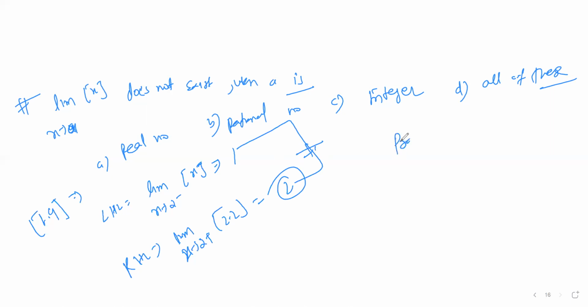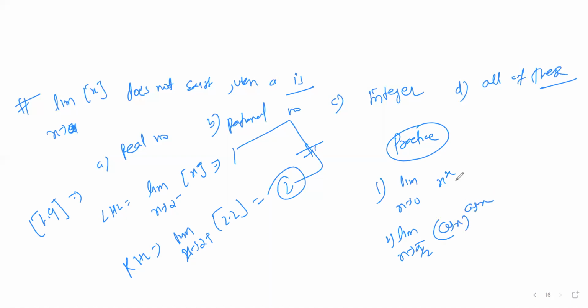For practice, I'll give you some practice questions so that you can practice here. If limit x tends to 0, what is the value of x raised to x? Or if the limit is given x tends to pi by 2, cos x to power cos x, what is the limit value for this one?